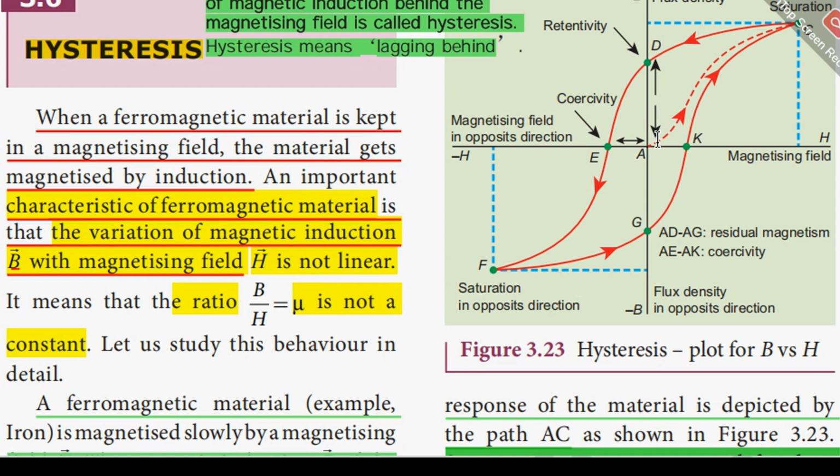Starting from point A, it reaches the point C. Next, it comes to the point D, then E, then F. This is the way the material behaves. Then it moves from the point F to the point C, like this. This is saturation, and this is saturation in the opposite direction. This means that the ratio B by H, which is mu, is not a constant.